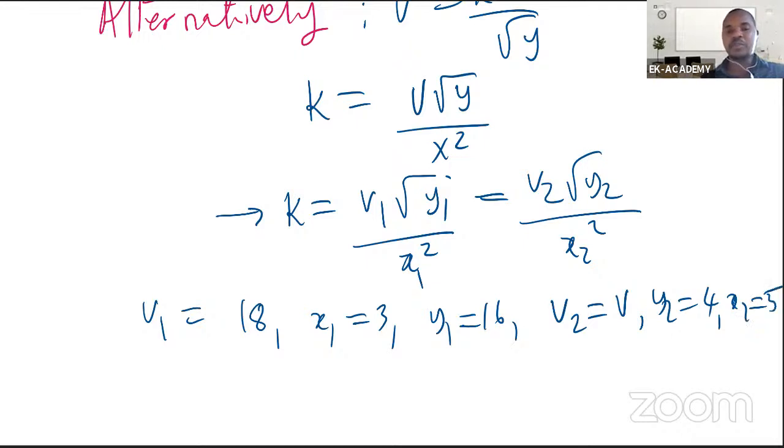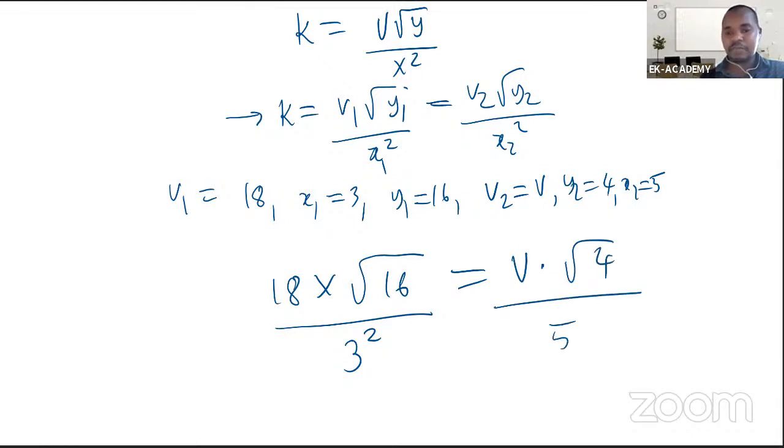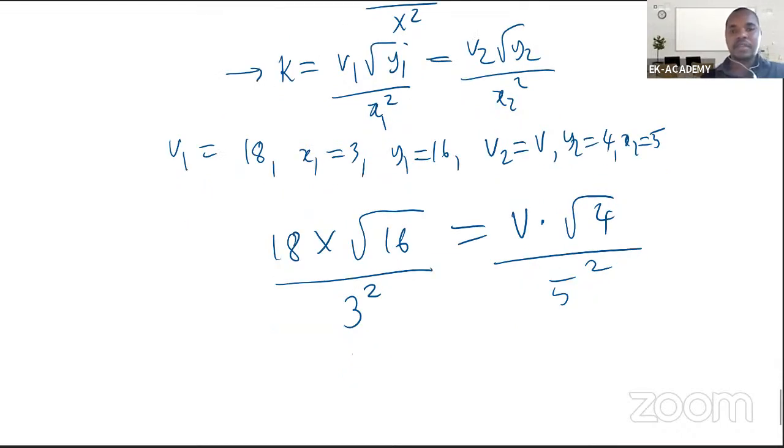So now when you substitute the values, it is 18 times square root of 16, over 3 squared, equals V times square root of 4 divided by 5 squared.